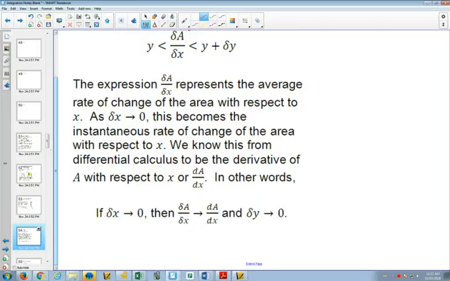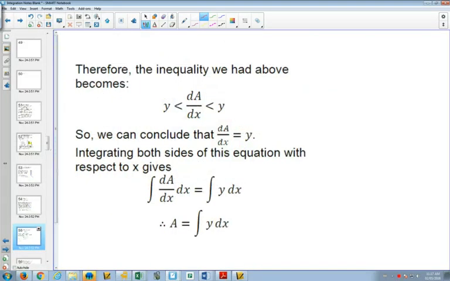If we simplify that, we've got that y is less than the derivative dA/dx, which is less than y. Now when you get an inequality where there's a y on this side and a y on this side, and there's supposed to be something in between, does it make sense that it has to equal that?